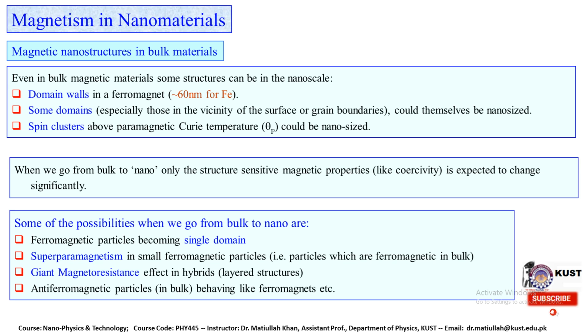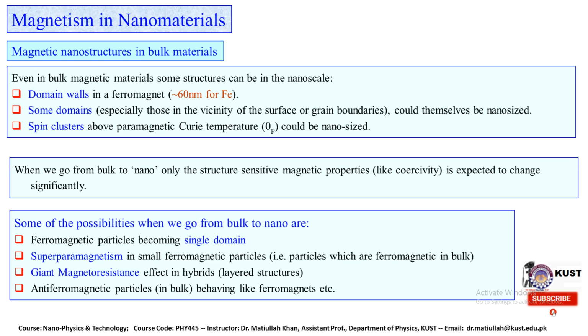Some of the possibilities when we go from the bulk of a material toward the nano-size material: what property should we expect to change? One is ferromagnetic particles becoming single domains, the superparamagnetism in small ferromagnetic particles, that is, particles which are ferromagnetic in bulk.